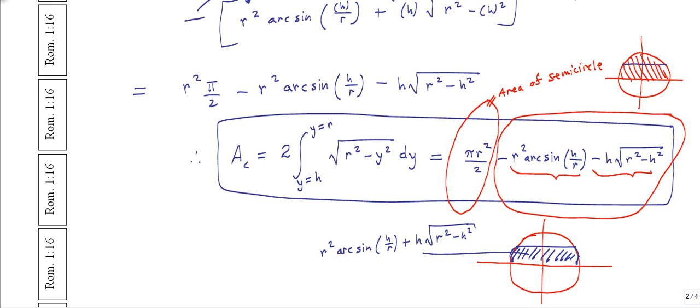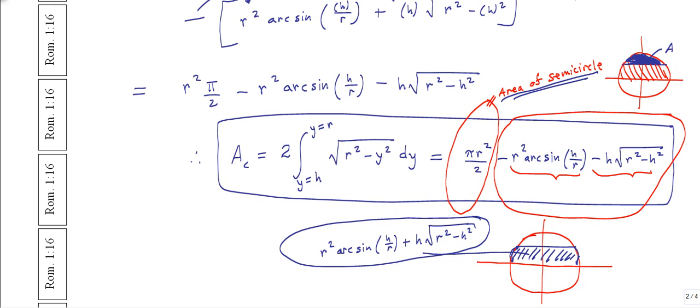So when you take this area away from the area of the semicircle, you get back the area of the blue shaded portion that we were interested in, which we were calling the a sub c, which is of course given in that formula there for you.